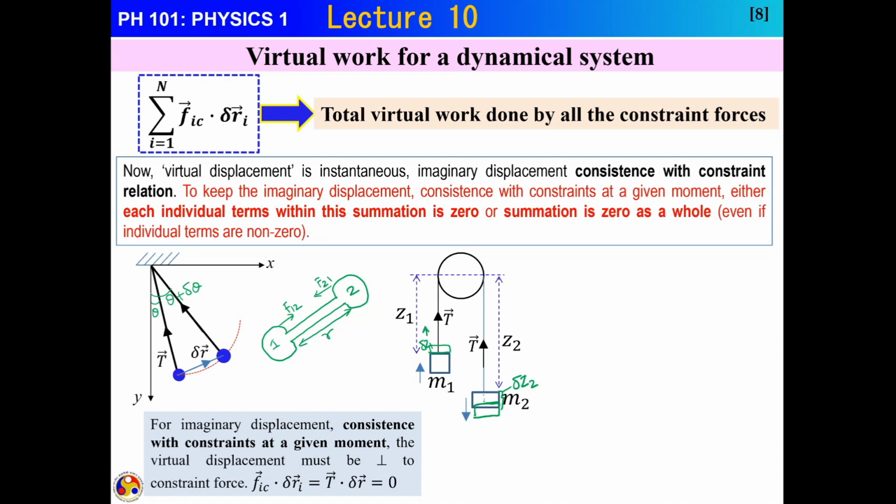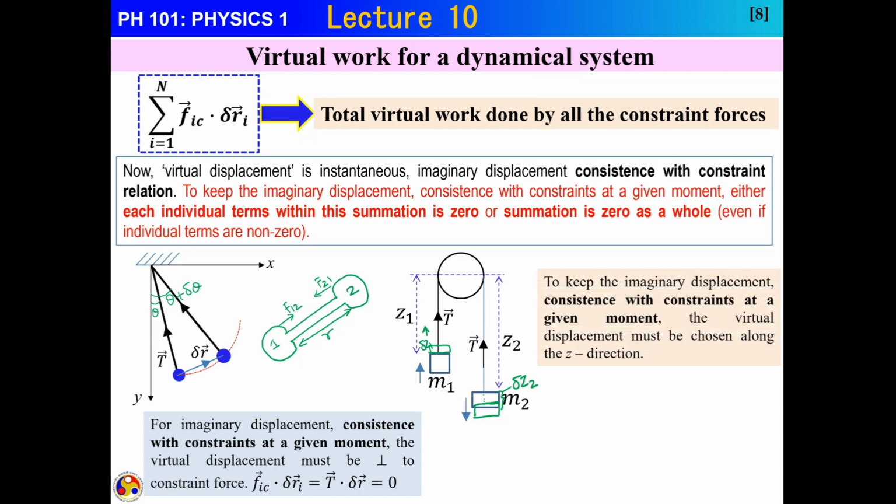So in this situation, the constraint is there. The virtual displacement must be only along this Z direction, such that when you move delta Z2 downward positively, delta Z1 goes upward accordingly.